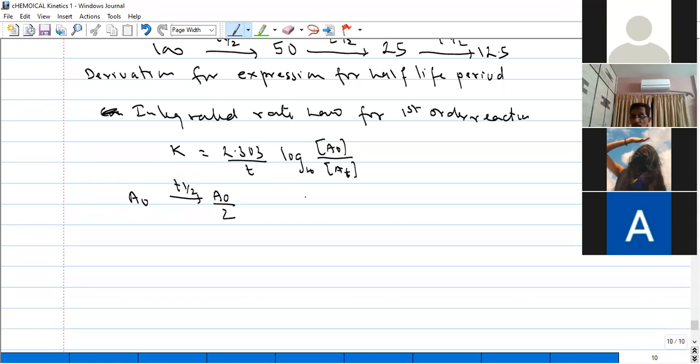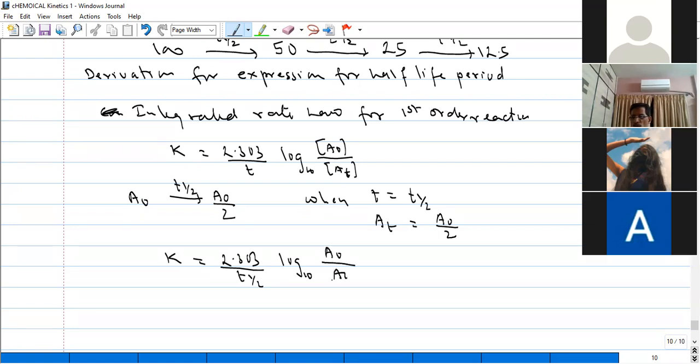So we say when t is equal to T-half, At will be equal to A0 by 2. So we can write K is equal to 2.303 upon T-half log to base 10 A0 upon A0 by 2.